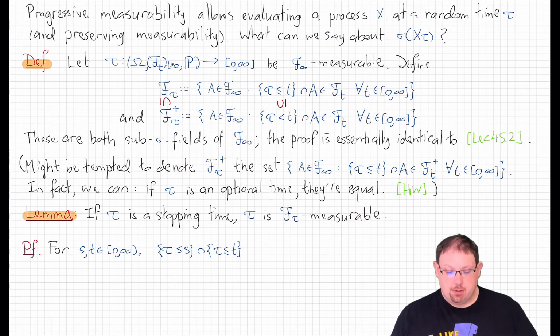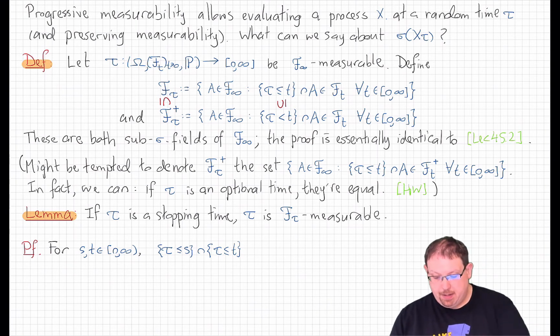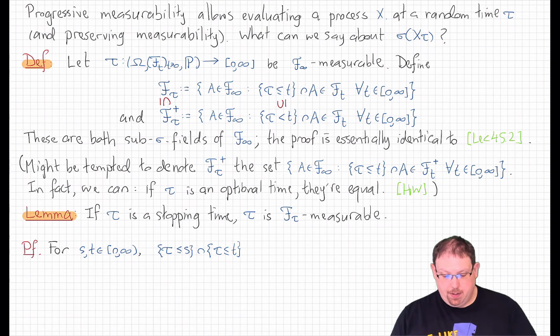It's easy and routine, following the same arguments that we saw back in lecture 45.2, to show that these are both sub-sigma fields of F_infinity. Now let's note that we might have thought that F_tau+ should refer to a different sigma field. After all, we do have our augmented filtration, and it would make sense to use this notation alternatively to refer to this construction here with respect to that augmented filtration.